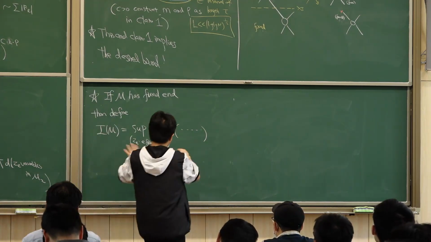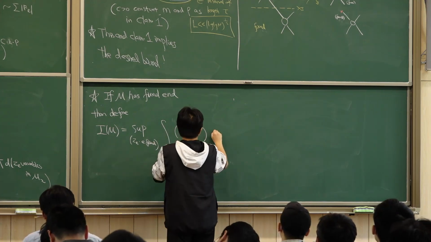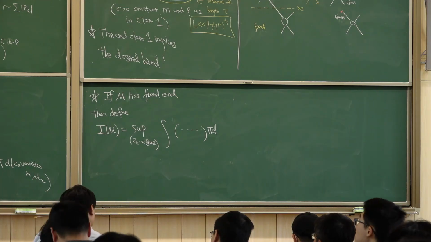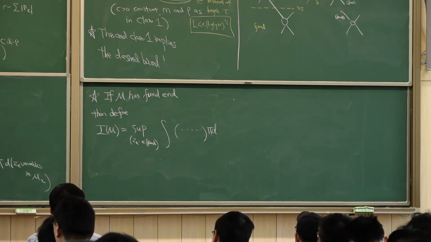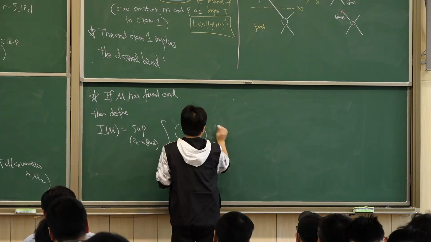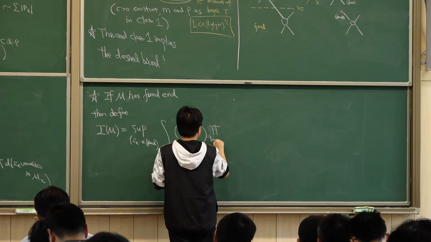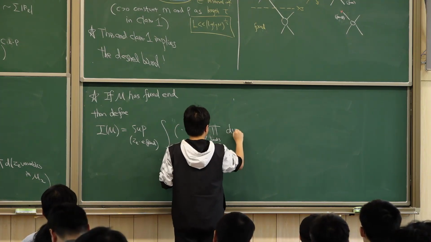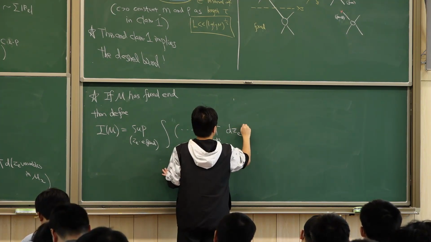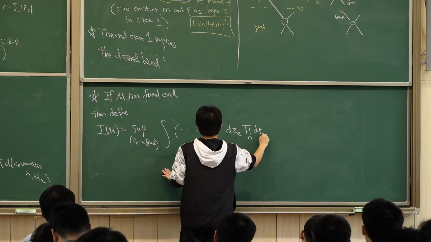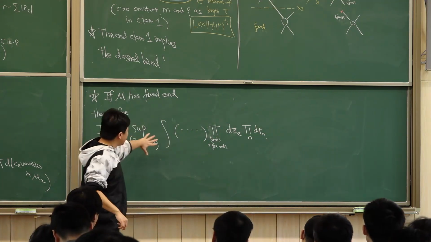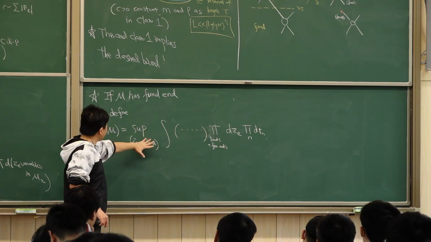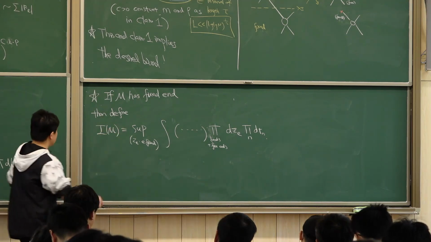Unfortunately, I have to erase it, but exactly the same delta function, whatever, products, when you integrate over bonds plus free ends, dZ_e. So you only integrate in the bonds and free ends, you ignore the fixed ends, but then you take the supremum over all the fixed ends.